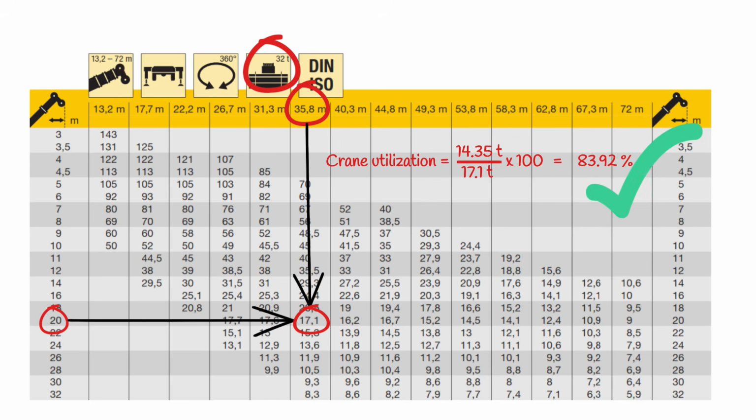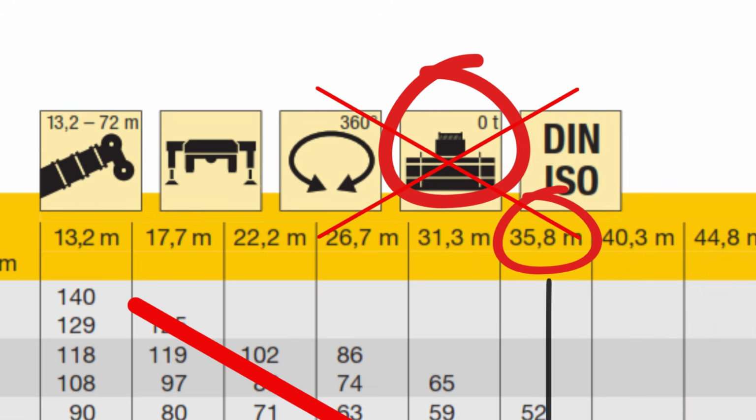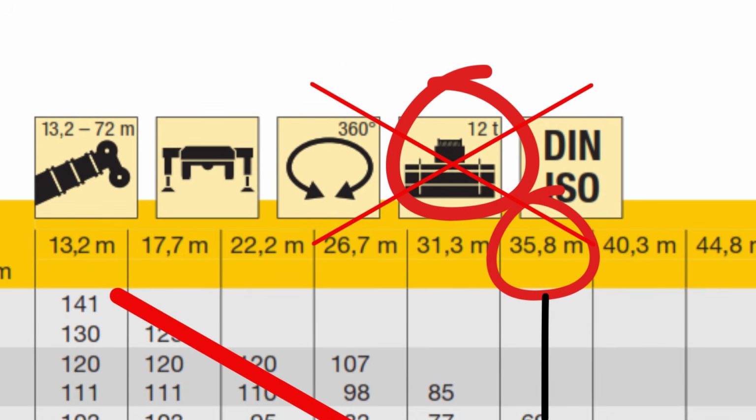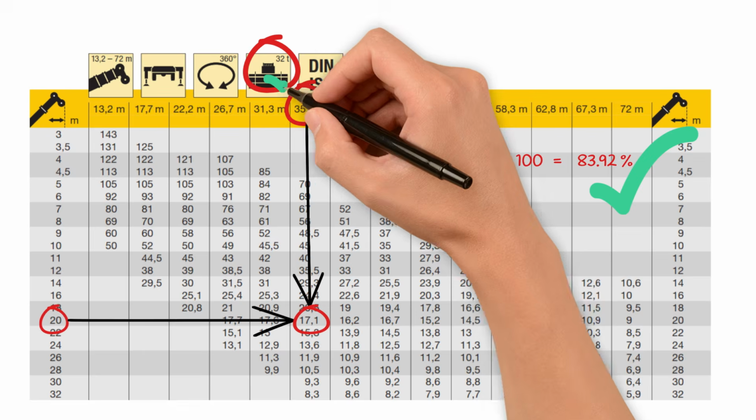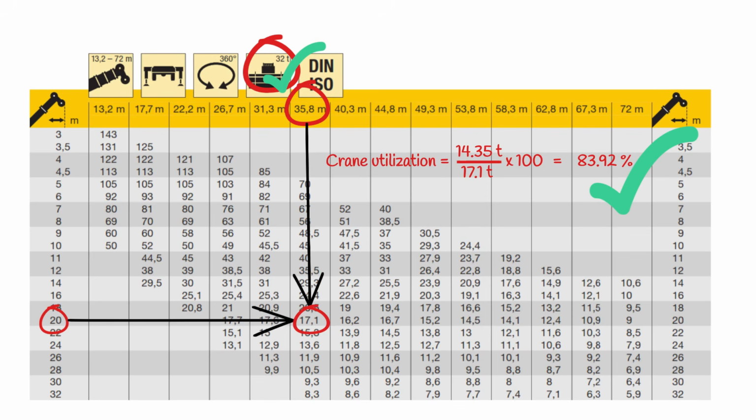This means the crane can safely perform the lift while remaining within its rated capacity. We have now confirmed that the 0-ton and 12-ton counterweight configurations are unsuitable. The 32-ton counterweight is the first configuration that safely satisfies our lifting requirement.